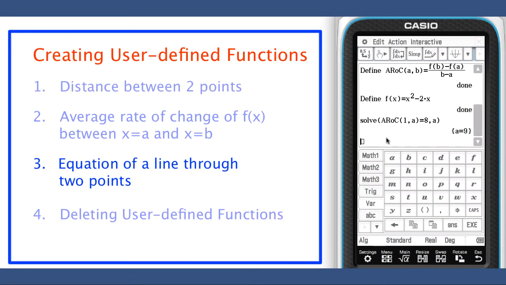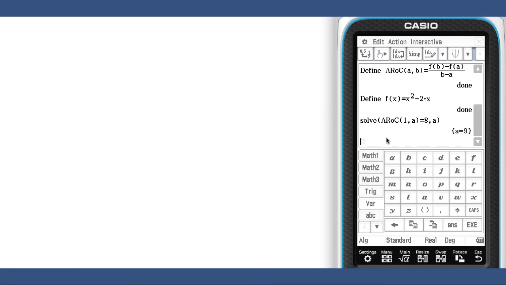The final user-defined function that we will consider will find the equation of a line between 2 points (A, B) and (C, D). This will require us to generate a general form of the equation of a line between these 2 points. This can be done in the following way.